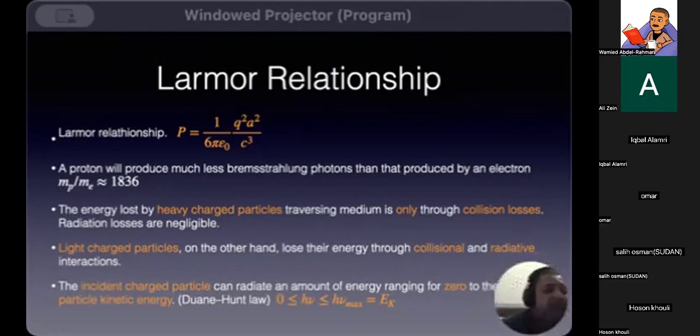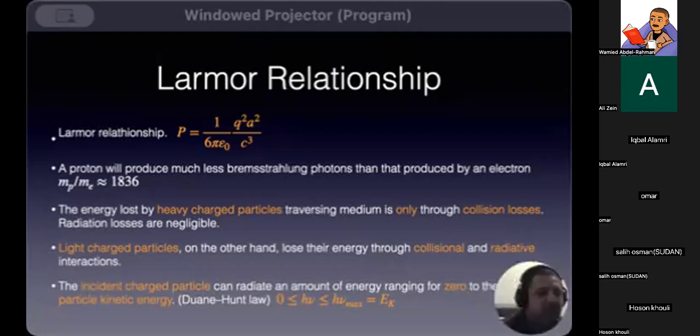So the energy of these emitted photons can range from 0 up to the total energy of the incident charged particle. If you have an electron undergoing acceleration, the resulting photon can have an energy from 0 all the way to the same energy as the electron. So the electron essentially can lose all of its energy to this photon. This is called the Duane-Hunt law.